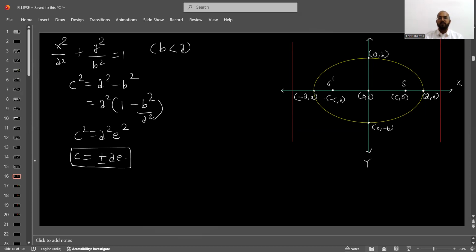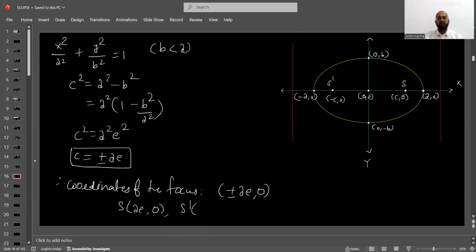That means I get the coordinates of the focus as plus or minus ae comma 0. So S is going to be ae comma 0 as per our consideration, and S dash is minus ae comma 0. We have a comma 0 and minus a comma 0 as the endpoints.